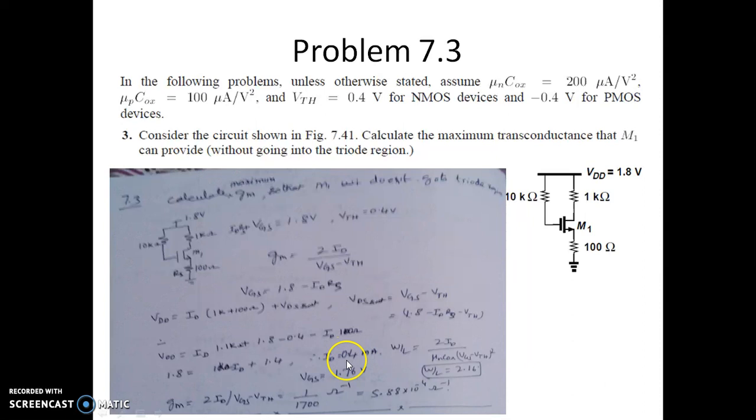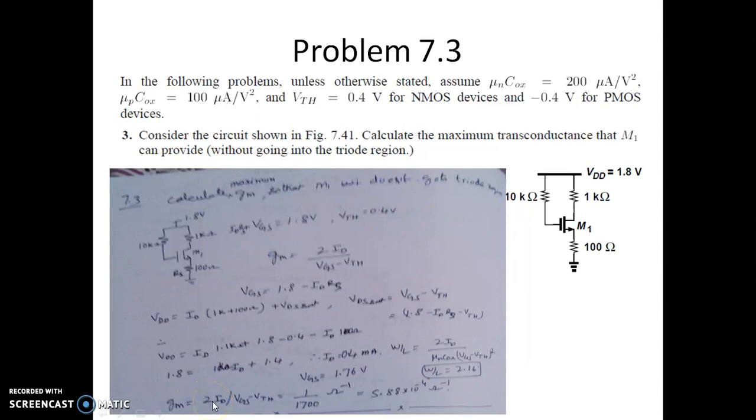Substituting this current of 400 microampere into the equation of ID, we get the W by L as 2.41. ID is given by half mu n C ox W by L into VGS minus VTH whole square. This is the expression for the drain current in saturation, rewritten to find the value of W by L.